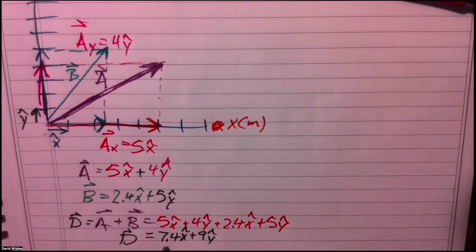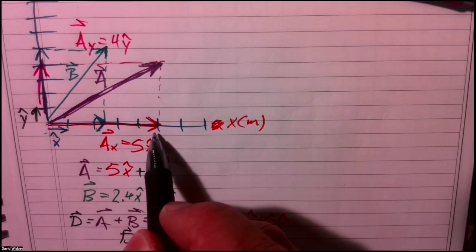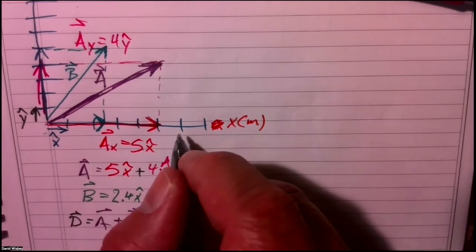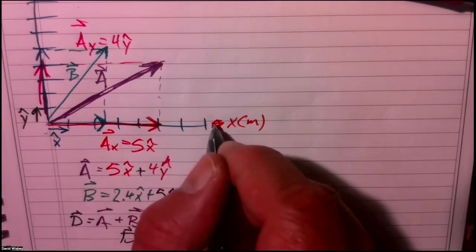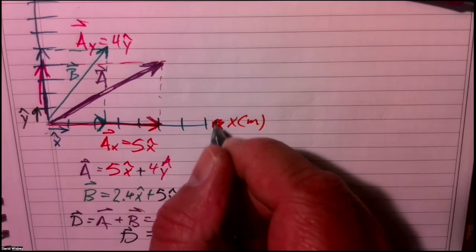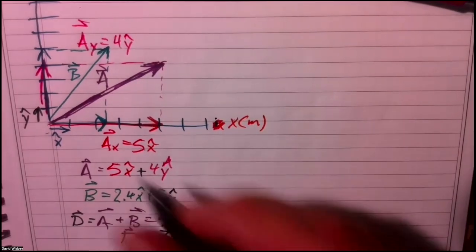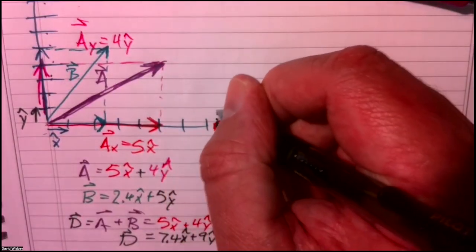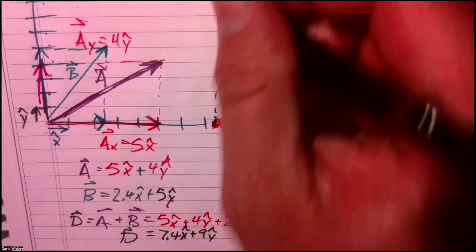So D goes to, let's see, this is 5, 6, 7, 7.4, so it's right here. And then the height is 9, so it's 1, 2, 3, 4, 5, 6, 7, 8. It's going to go up here and all the way to here.